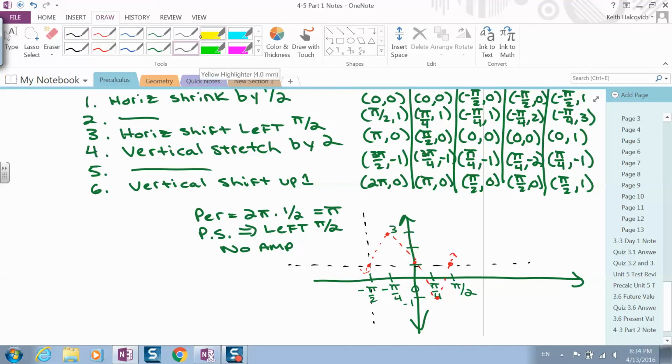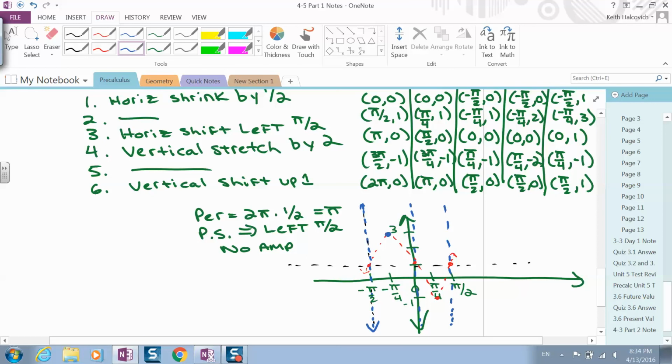So when you draw your asymptotes, this is going to be one asymptote here. This is going to be another asymptote right there. And this third one, because every point where the sine is 0, the cosecant has a vertical asymptote.